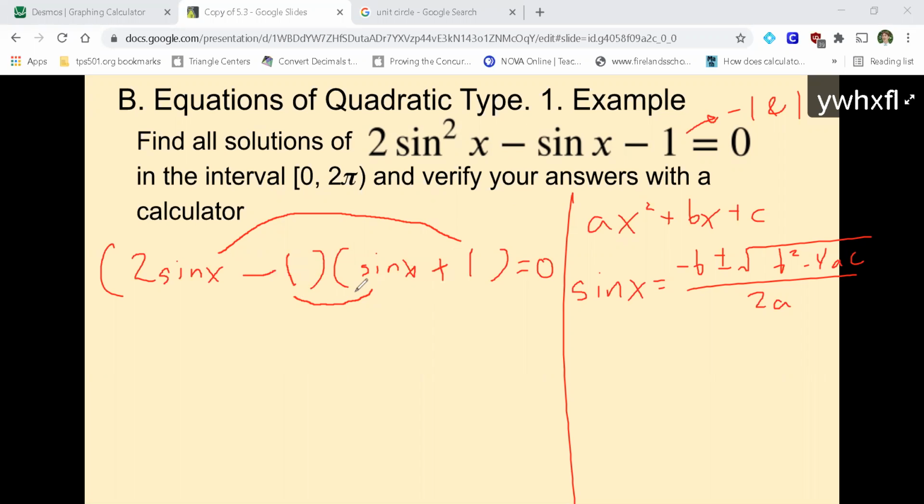So does everyone see how this doesn't work? This would distribute to 2 sine squared plus 2 sine minus sine minus 1. And then this would be positive 1, not -1.